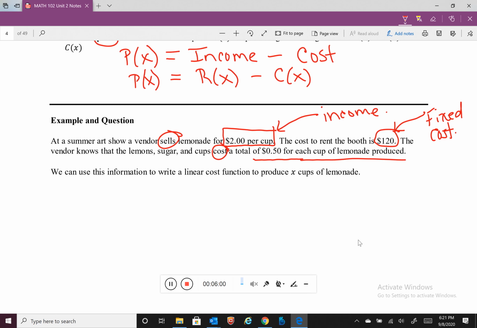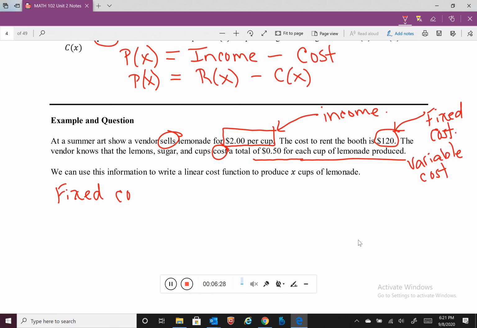But it is 50 cents for each cup or per cup. So that is a variable cost. It's going to cost this person more money if they make a lot of lemonade. It's not going to cost them much money if they make very little lemonade, but then they won't have enough to actually sell.